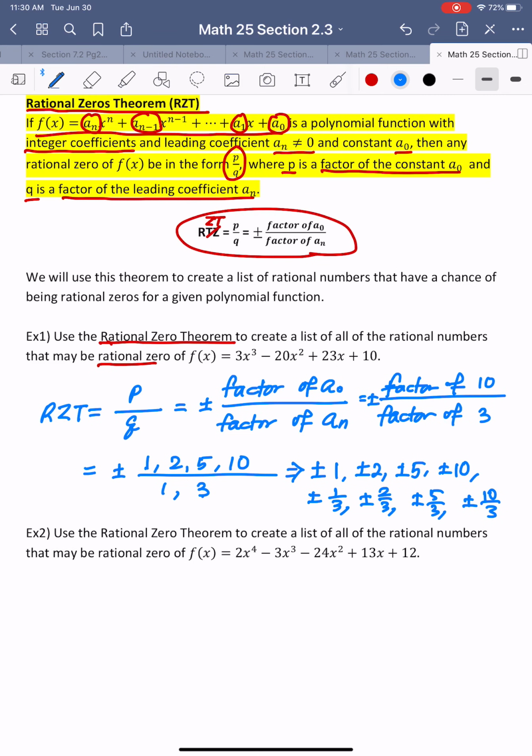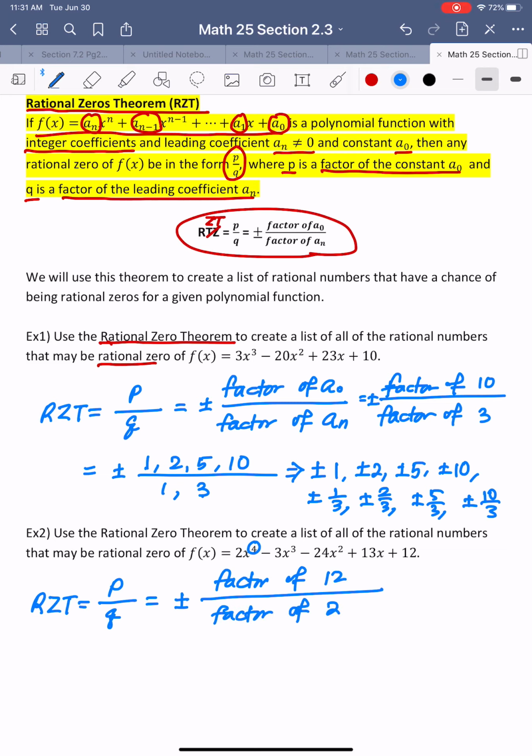Number 2, use the rational zero theorem to create the list of all the rational numbers that may be a rational zero for f of x equal to x to the 4. Since the degree is 4, you get 4 possible zeros, okay? So in order to apply the rational zero theorem for p over q, which is plus minus the factors of a sub 0, which is 12, and also the factors of a sub n, okay?